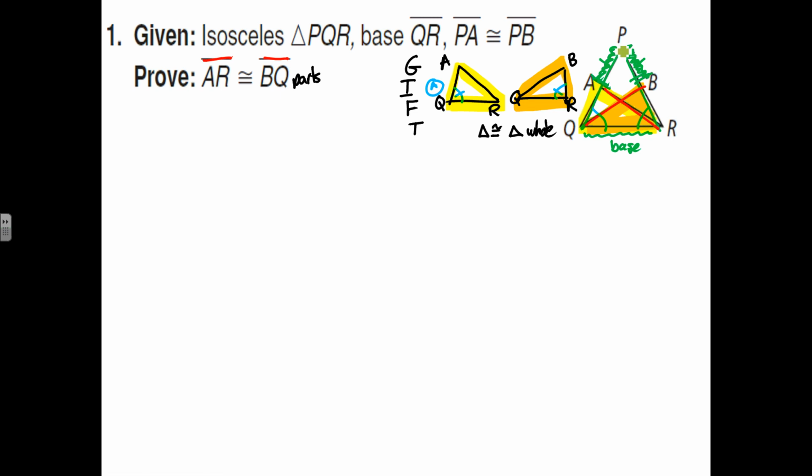It's going to take a couple steps, but if PA and PB are equal, then by segment subtraction, you could say QA is congruent to BR. That takes at least 2 steps. That gets us a pair of sides.